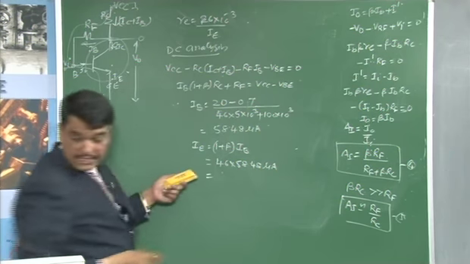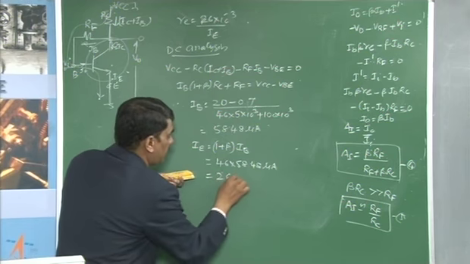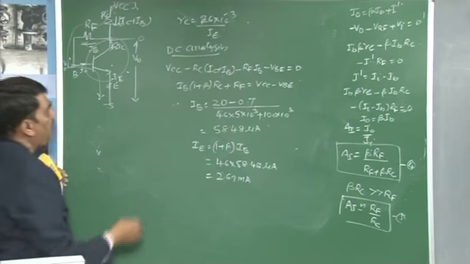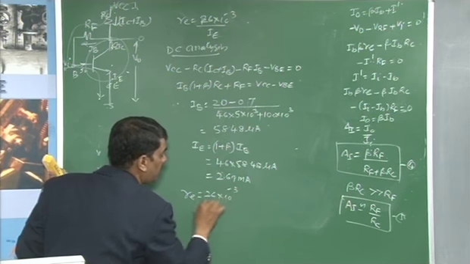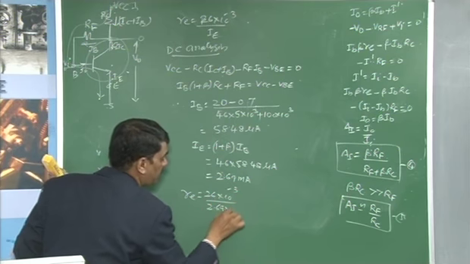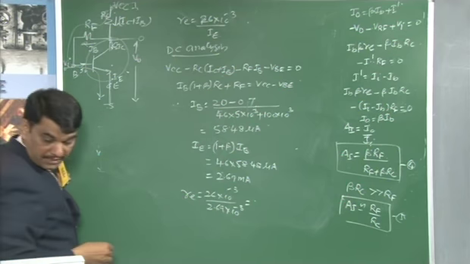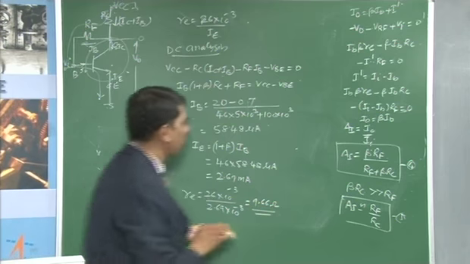This value results in 2.69 milliamperes. Then substituting this IE value, RE is equal to 26 into 10 to the power of minus 3 divided by 2.69 into 10 to the power of minus 3. This value is approximately 9.66 ohms.